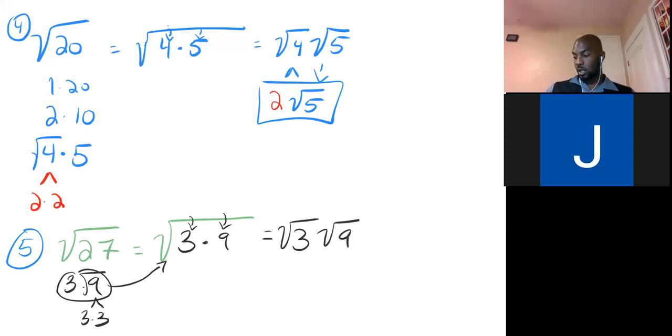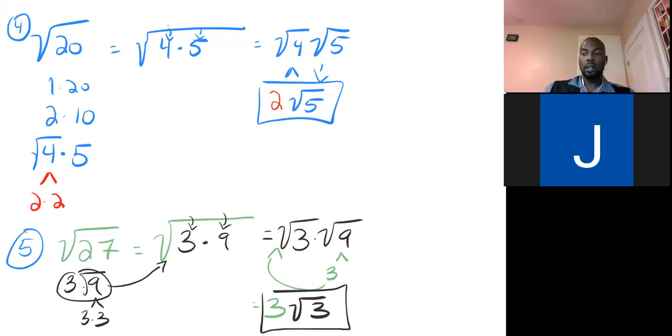I just put them right next to each other. I then simplify my rad 9 to 3 because that's the answer to what is the square root of 9, 3. And so I put my 3 in the front of my other 3 because there is no perfect square of 3 to make it the square root of 3. So my final answer will be 3 times rad 3.